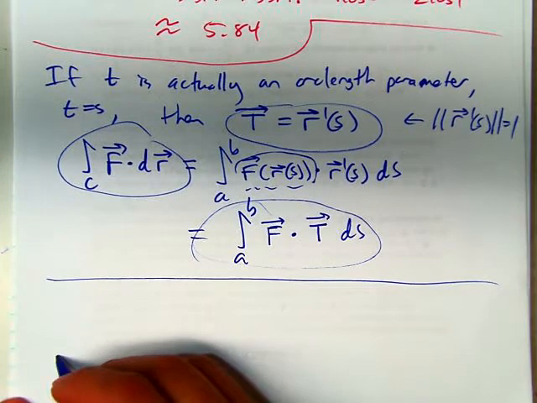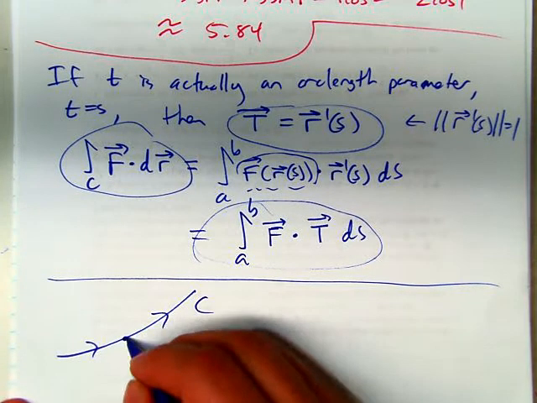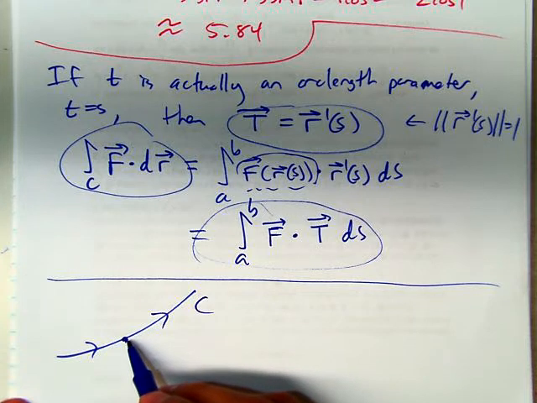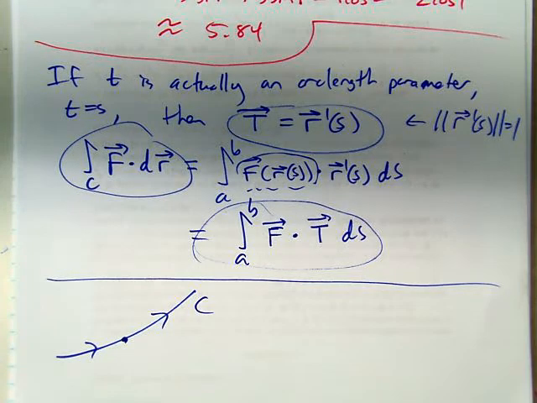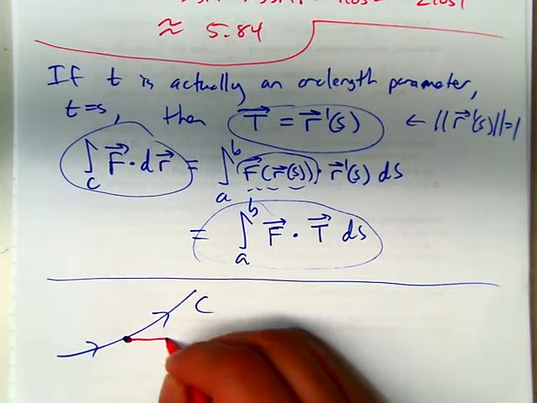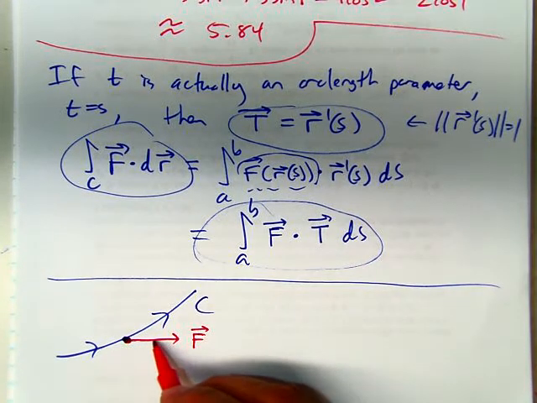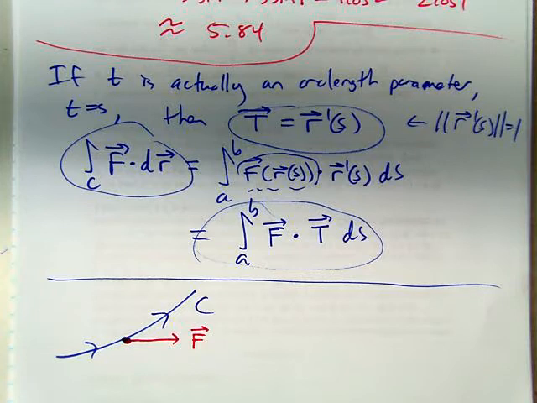Okay, so let's say we have a path C that looks something like this, and here's where we are evaluating a line integral. And let's say that at this point the vector field has a vector corresponding to this red vector.